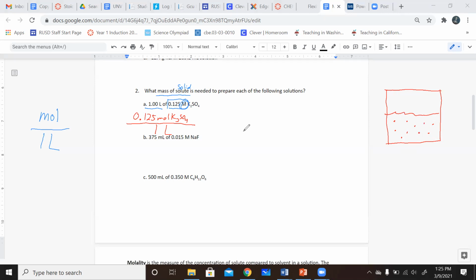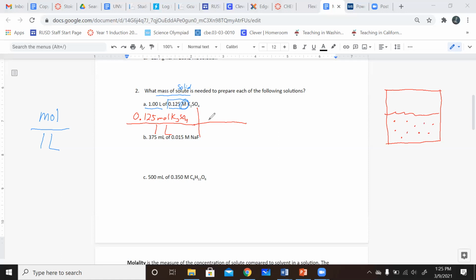And so once you have that, you can then figure out how many grams that is by doing a little T-chart over, and you're going to multiply by your molar mass, because in this case, we're moving from moles to grams.